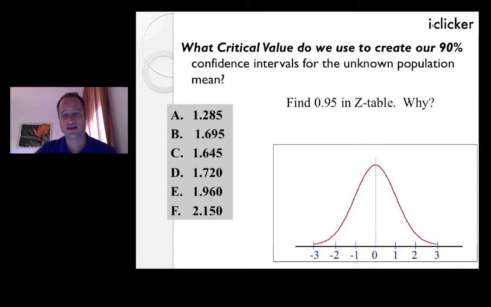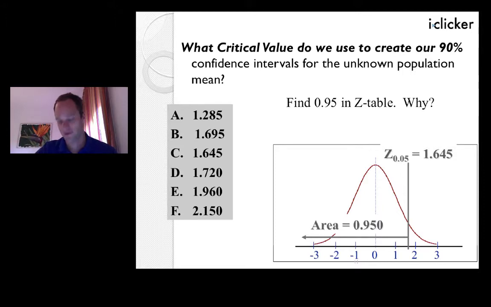The question says why: well, I know that alpha here is 0.1 and half alpha is 0.05, right? So the area to the right of the z value I'm looking for is 0.05. And so the remaining 1 minus 0.05 is 0.95. And again, you'll find that the z values are 1.64 or 1.65. When you're indifferent, take the average of the two.